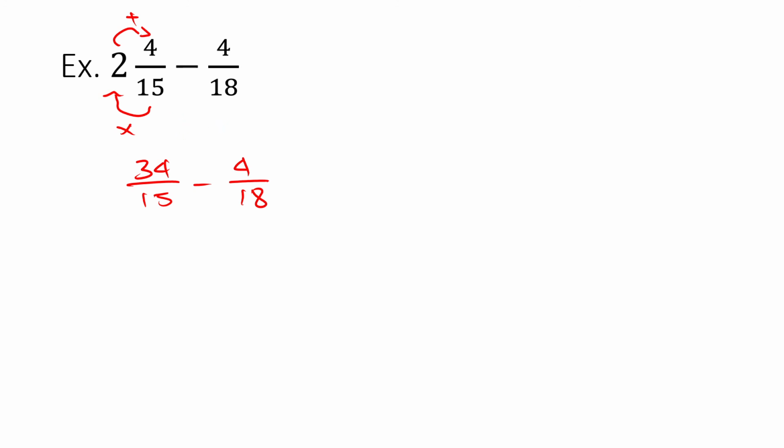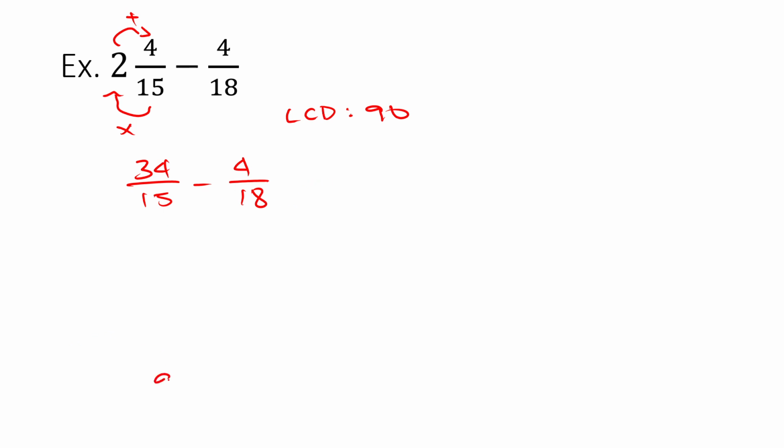So now what we have is 34 over 15 minus 4 over 18. Now let's find the LCD. If you do this correctly, the LCD of 18 and 15 is 90.